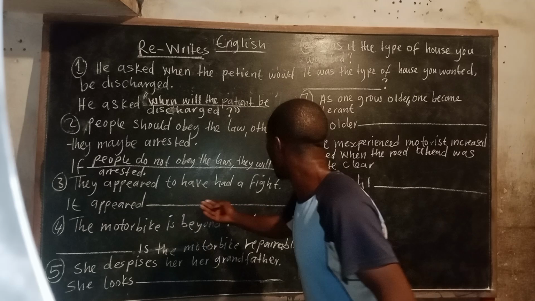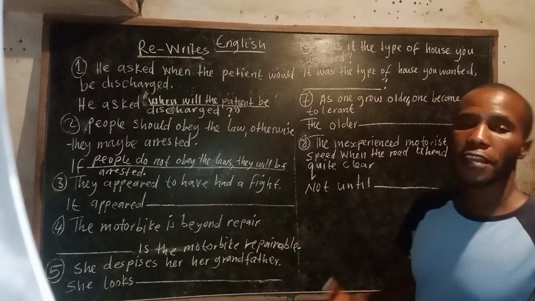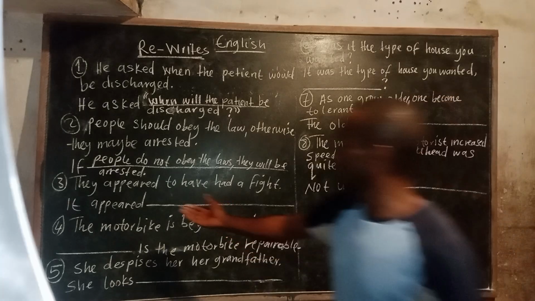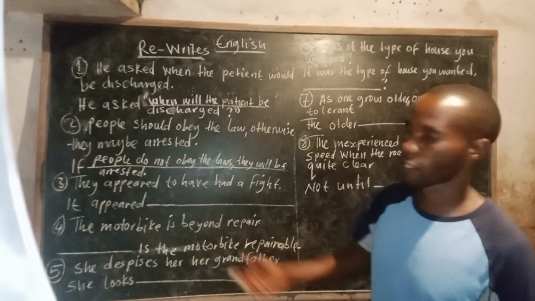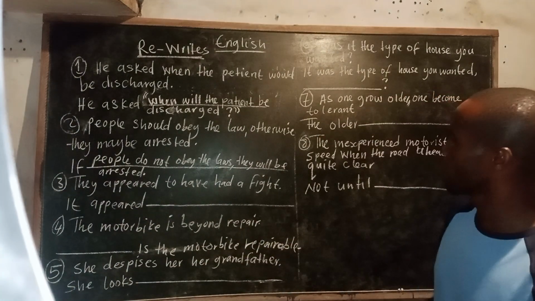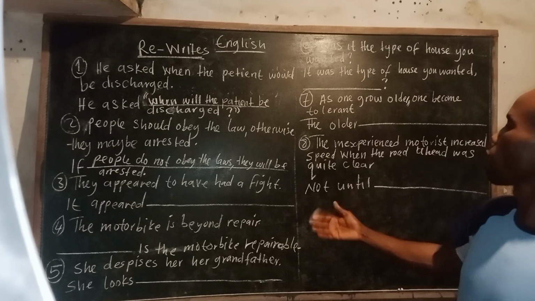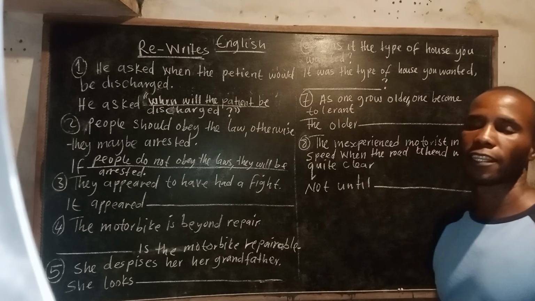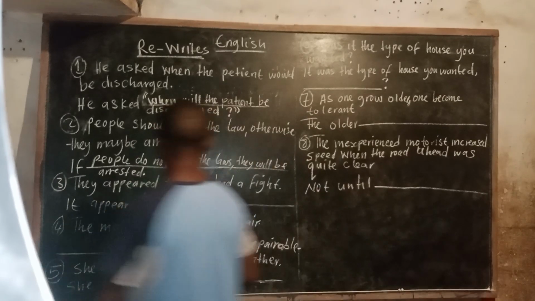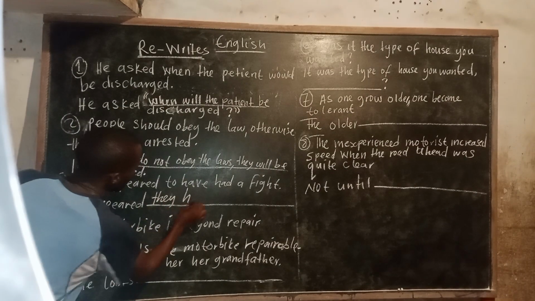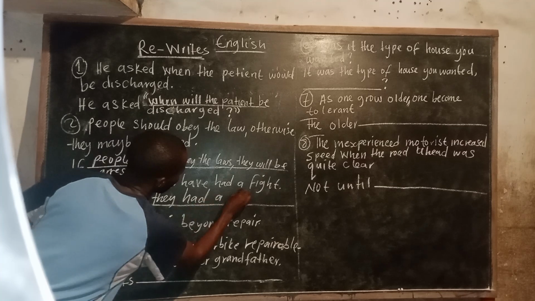Then we go to the next one. They appeared to have had a fight. They've started for you. Can you finish that sentence? It appeared. How are we going to finish that one? They appeared to have had a fight. It appeared they had a fight.